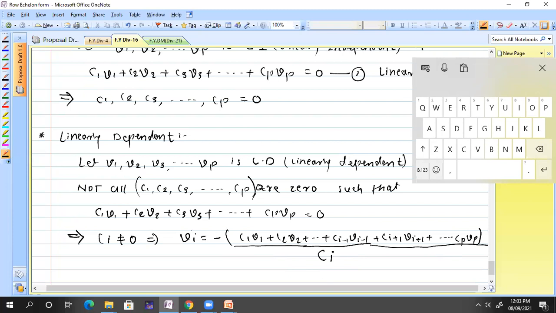So I can find my vector Vi by using another linear combination.